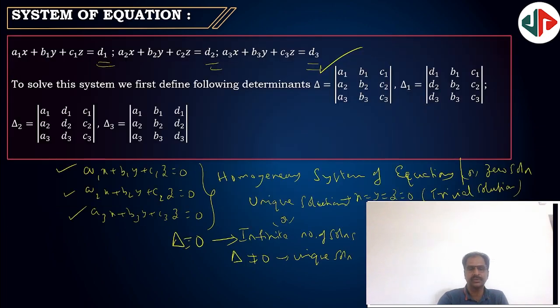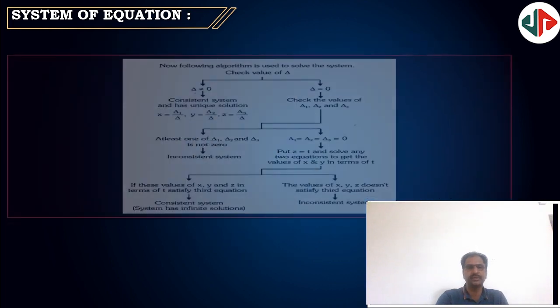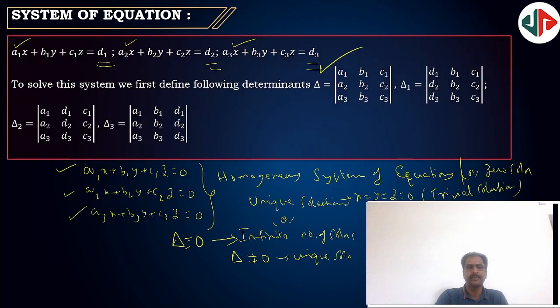Then what are non-homogeneous equations? The above equations given are known as non-homogeneous, where d1, d2, d3 will not be zeros. Then how to check for non-homogeneous? For non-homogeneous, there will be three possible answers.